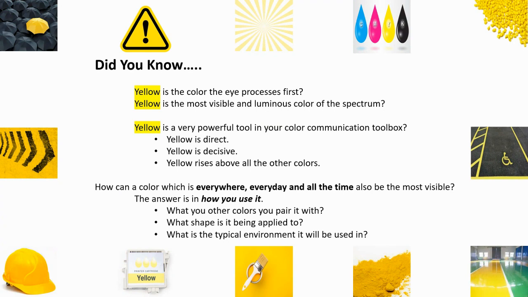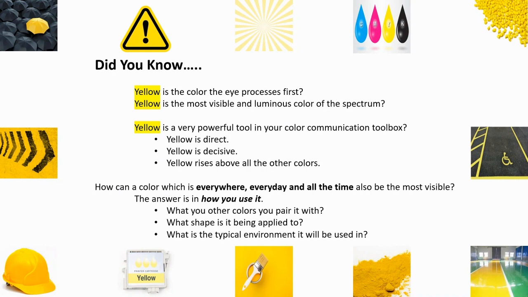But essentially, how you use it also dictates what communication you're trying to get across. Depending on what other colors you pair it with, a lot of what you see here on the screen, yellow and black really stand out. What shape are you applying it to? In this particular case, depending on the shape and what you're trying to achieve with your communication, you might want one shade of yellow or another.